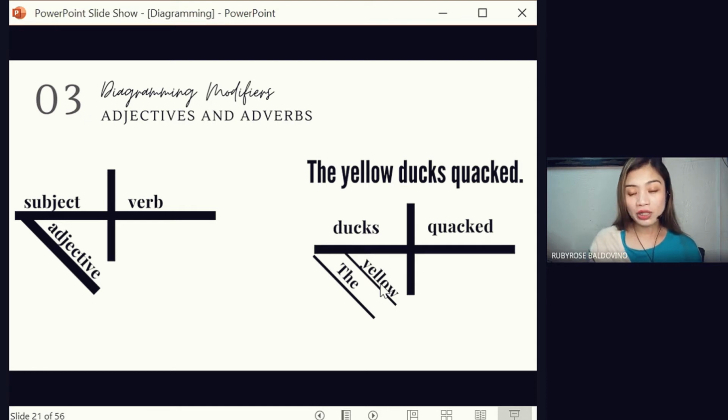And on the right side is the verb. So modifiers are placed below the noun being modified by a diagonal or slant line. You have to place the adjectives on a slanted line under the word they describe.